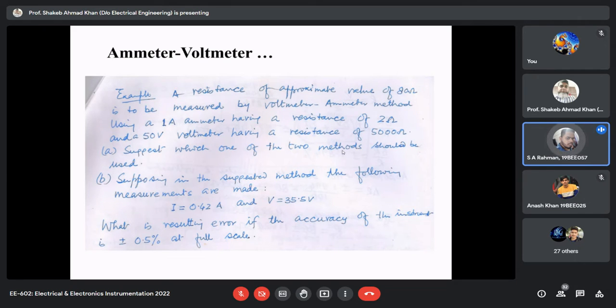Sir, you are asking whether it is the voltmeter or ammeter method. No, this problem is related to the voltmeter ammeter method only, and there are two circuits, right? So the second circuit will be used.